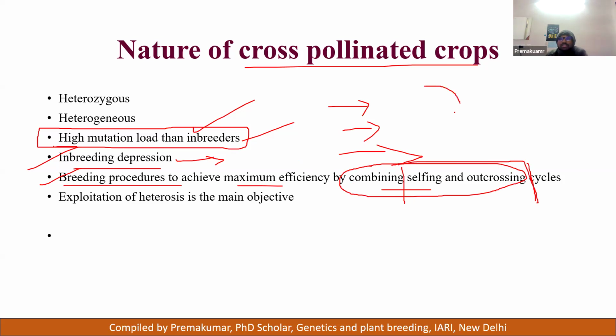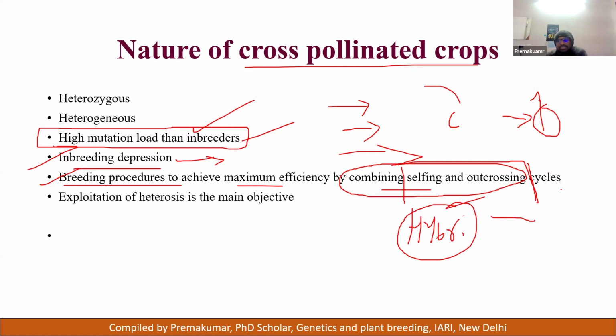First we will self, then you outcross, then you maintain heterozygosity. At the end we are developing a heterozygous individual, a population of heterozygous individuals that we are going to release. In hybrid breeding also, we are releasing a hybrid as a variety, meaning an F1 heterozygous population. But in both conditions, we are aiming at two things.